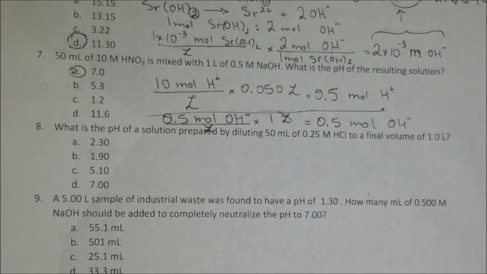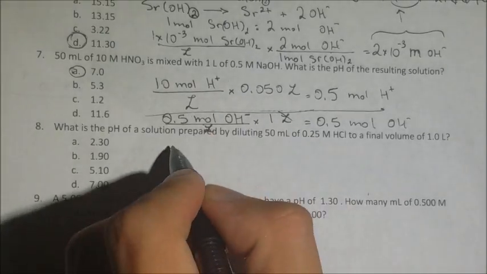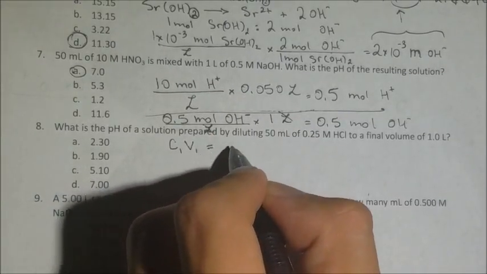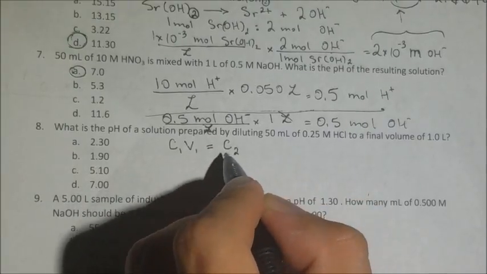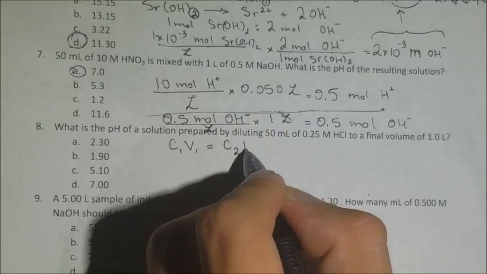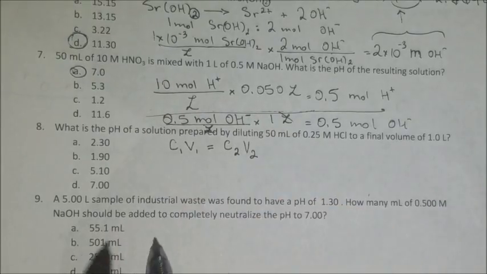Okay, number 8 says, what is the pH of a solution prepared by diluting 50 milliliters of 0.25 molar HCl to a final volume of 1 liter? So I hope this sounds familiar for you in that we have to employ C1V1 equals C2V2. So our initial concentration and initial volume are known, and C2, the final concentration, is unknown, but we do know the final volume.